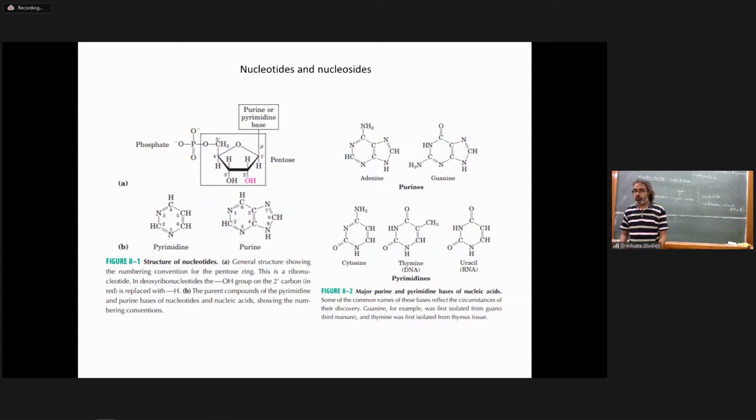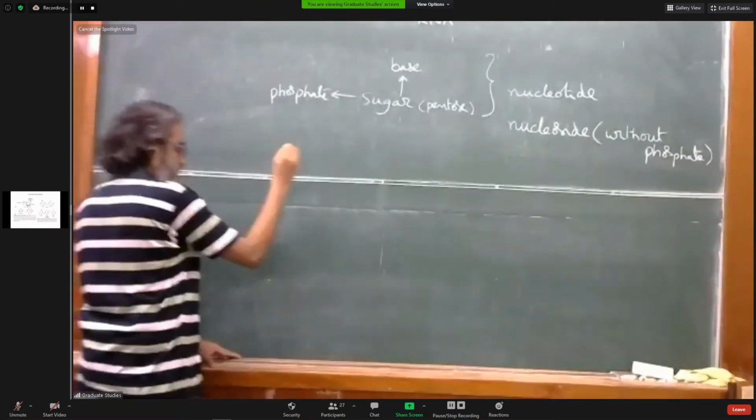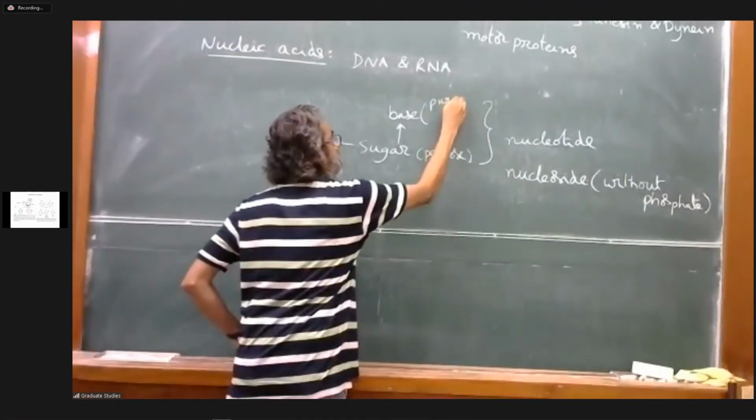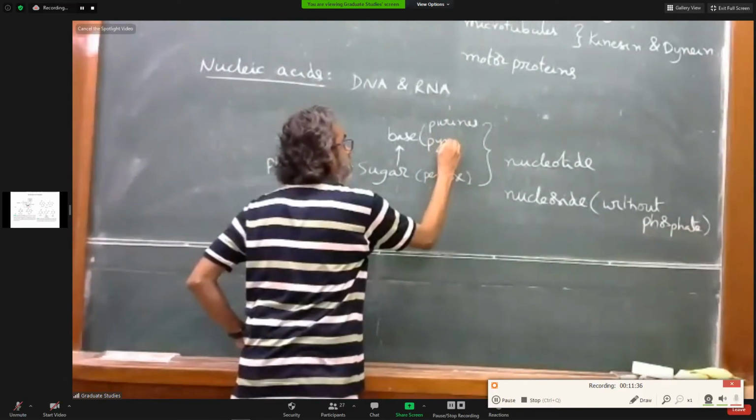So now phosphate is fixed and the sugar ring is fixed separately for deoxy and oxy. Only the base is different now. Okay, so there are different bases, 2 different groups. So bases you have 2 groups: purines and pyrimidines.